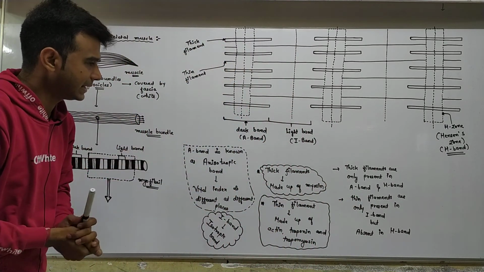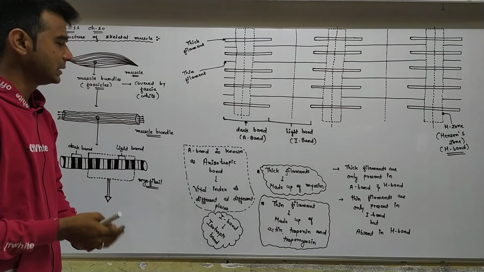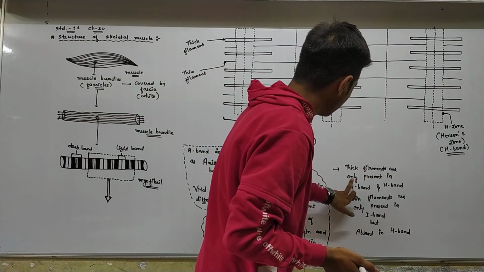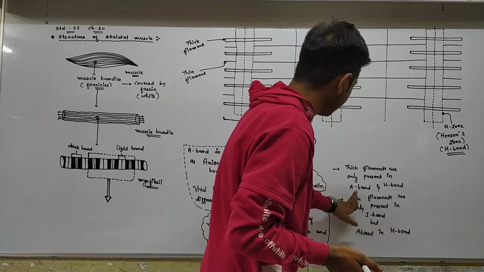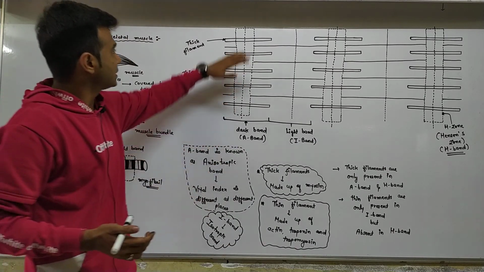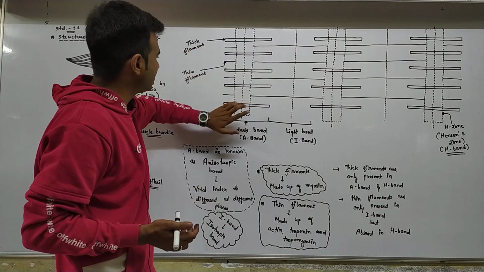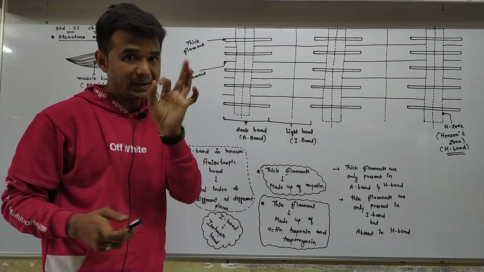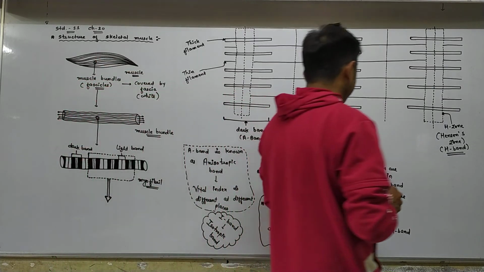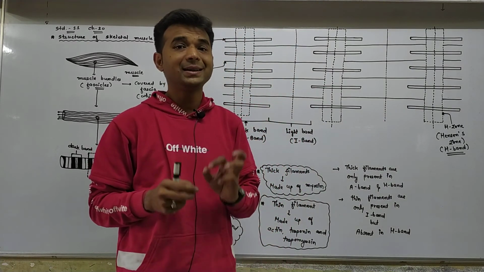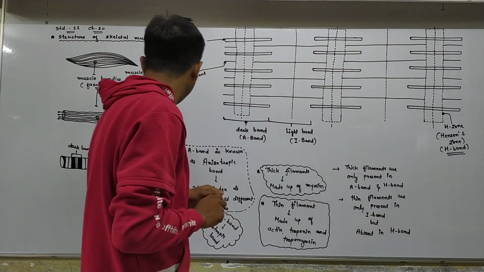Here I have written that thick filaments are only present in the A band and H band. The center of the A band is known as H band, but H band is what? H band is defined as the center of the A band where thin filaments are absent.